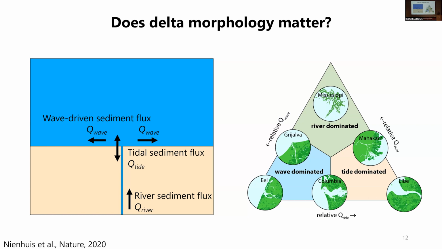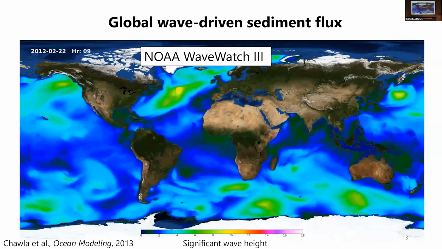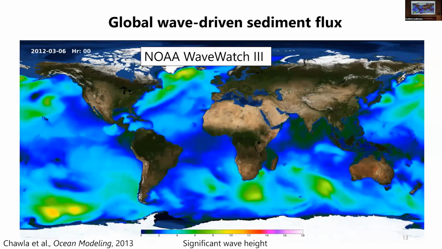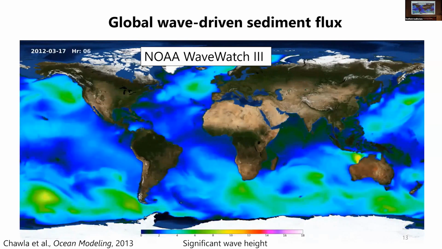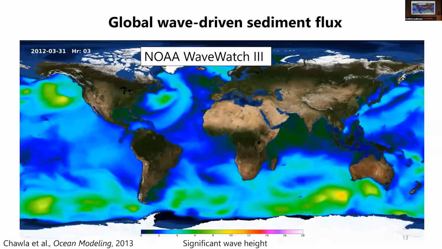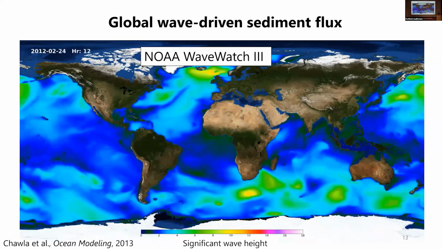All right, so we now have an objective scheme to say what type of morphology we expect for deltas. How do we then try to see what global deltas look like in terms of morphology? We first need to have some global data. So we extract this Q wave, this wave-driven sediment flux, globally using hindcast data sets like NOAA WaveWatch, to get long-term records of wave heights, wave directions, and wave periods affecting the global coastline.